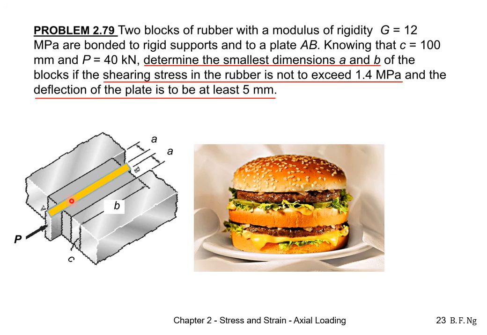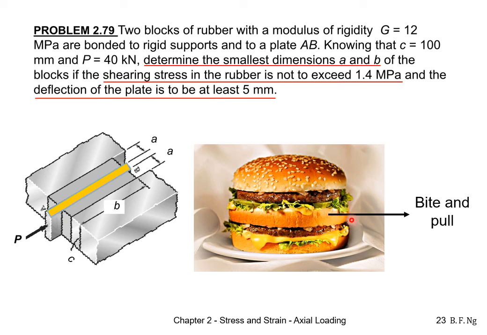You can imagine this question as a hamburger. The rubbers here are the meat, the center plate is the center bread, and the top and bottom supports are the bread on top and below where you will hold the burger. Because you're not that hungry, you will just want to eat the bread at the center.